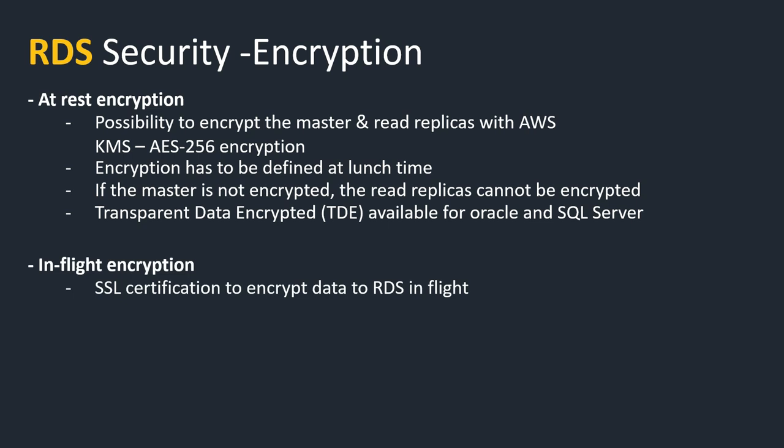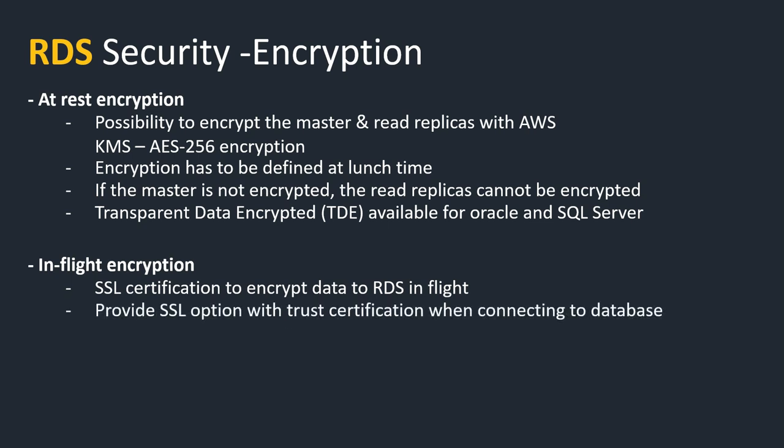Now, there is in-flight encryption, which is always going to be around SSL certificates, and they are used to encrypt data to RDS while in flight. So while being sent from your client to your database, you provide the SSL option with a trust certificate when connecting to the database, and you will have established an SSL connection.